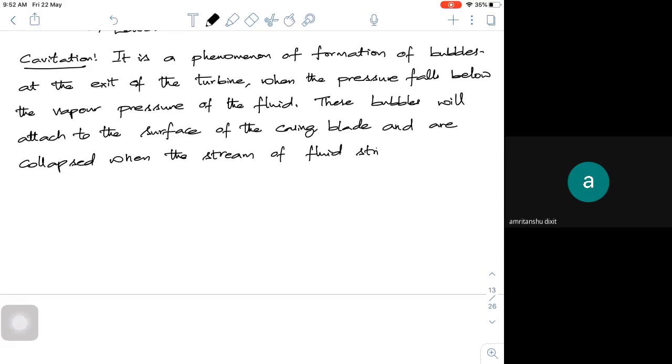Okay, when the stream of fluid strikes them, they collapse, and this phenomena I call cavitation.